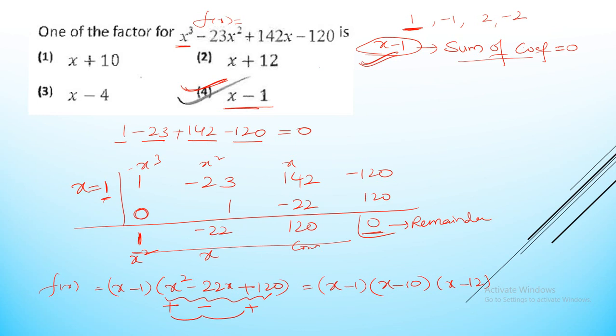When there are 2 sign changes, both the factors will be positive. So x is equal to 10 and x is equal to 12. What are the factors of 120? 10 twelves are 120, which also satisfies minus 22. So the remaining two factors are x minus 10 and x minus 12. Likewise we can solve this problem.